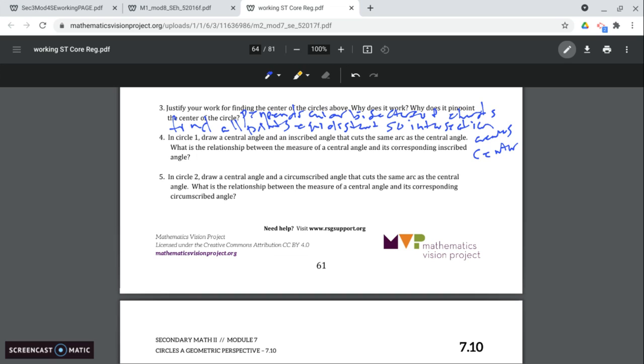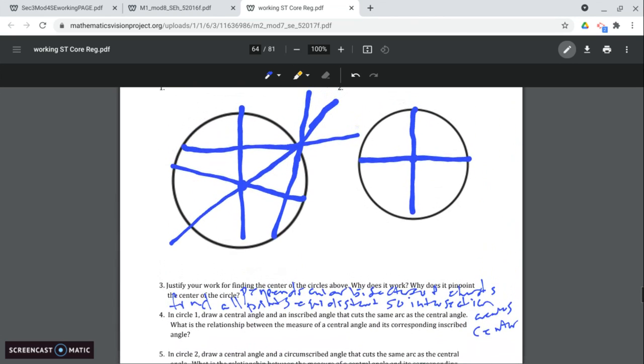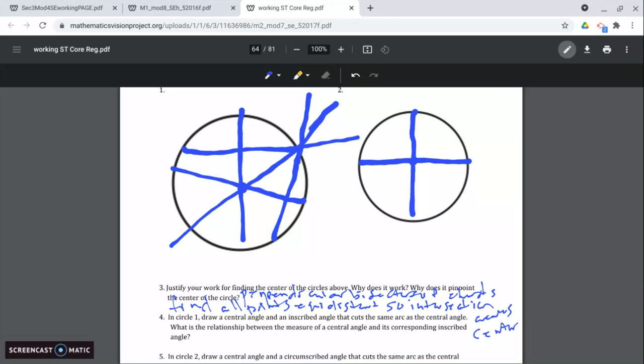So in circle 1, draw a central angle and an inscribed angle that cuts the same arc as the central angle. What is the relationship between the measure of a central angle and its corresponding inscribed angle? For this, you can draw any angle. You just have to draw that central angle and an inscribed angle that cuts the same arc.